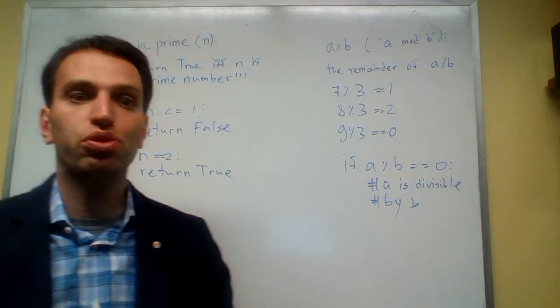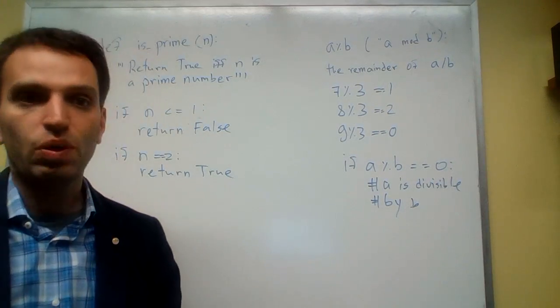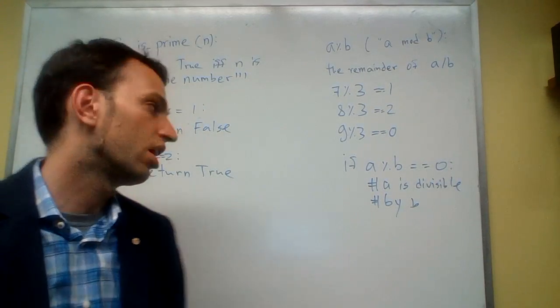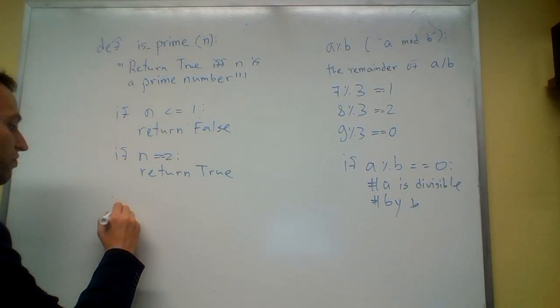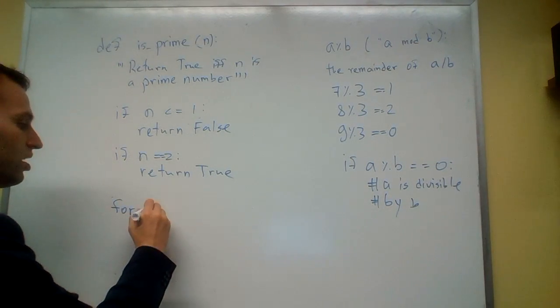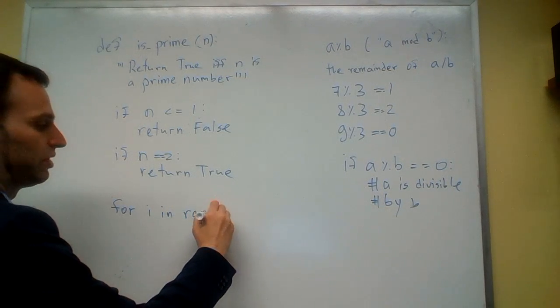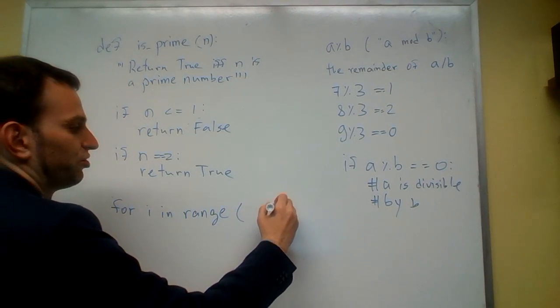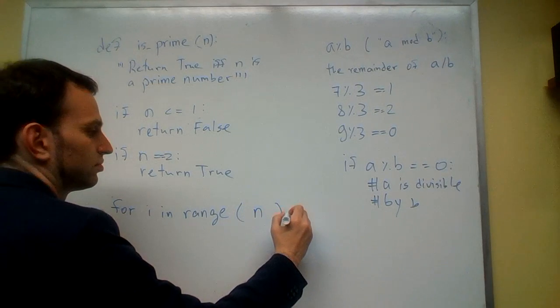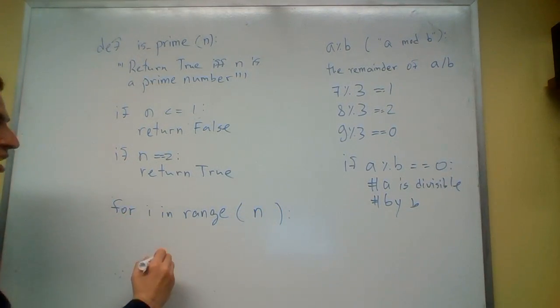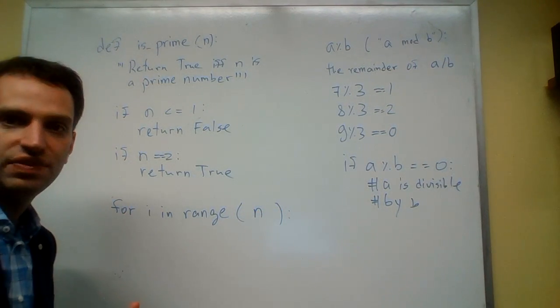So how do we go through every possible number? Well, that's what for loops are for. So you would say for i in range, and we'll fix it up later, but in the meantime I'll say in range n. And here I'm going to ask, okay, is n divisible by i?